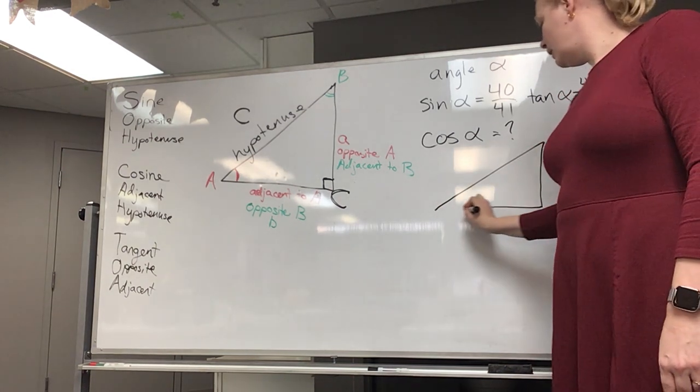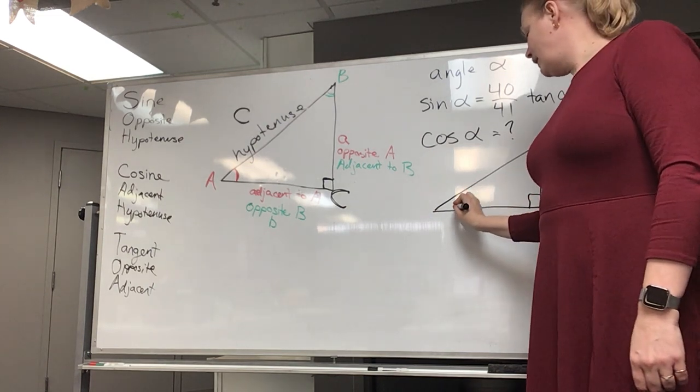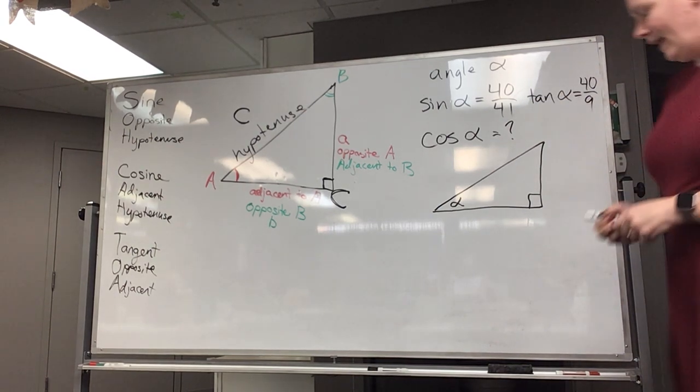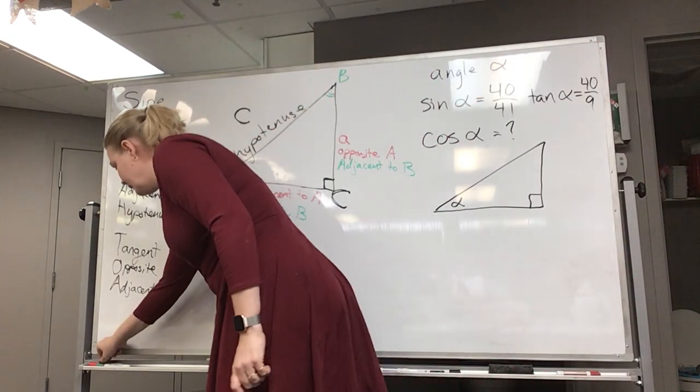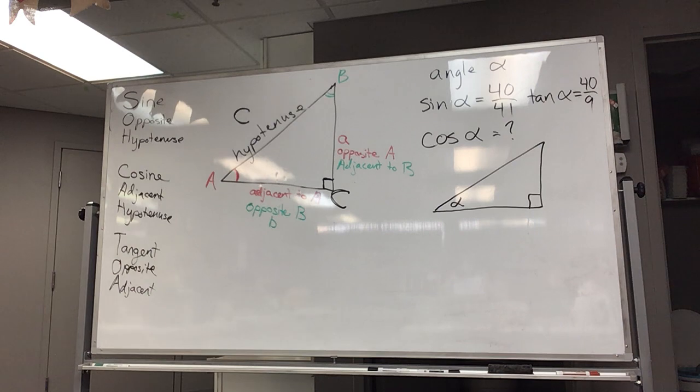So, we have a right triangle. I'm calling this angle alpha. So, completely ignoring the top for a second, I'm going to switch back into red. Which side am I going to ask about first?